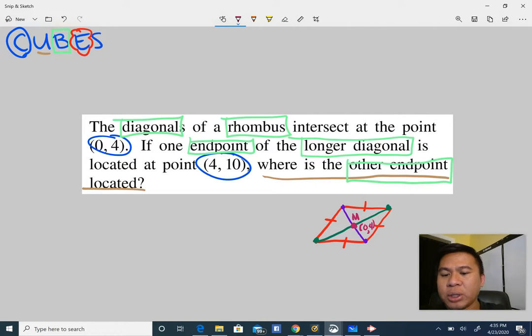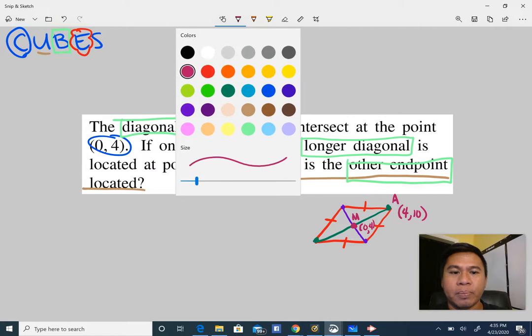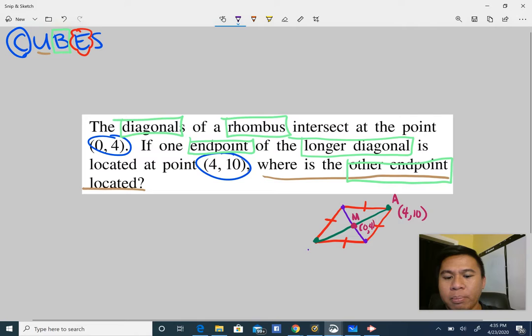So let us consider this on top as that endpoint of the longer diagonal. That will be at 4, 10. And let's call it point A. Now, the question will be, where is the other endpoint located? So we're talking about this point B in here, which we don't know what xB is and what yB is in this particular case.